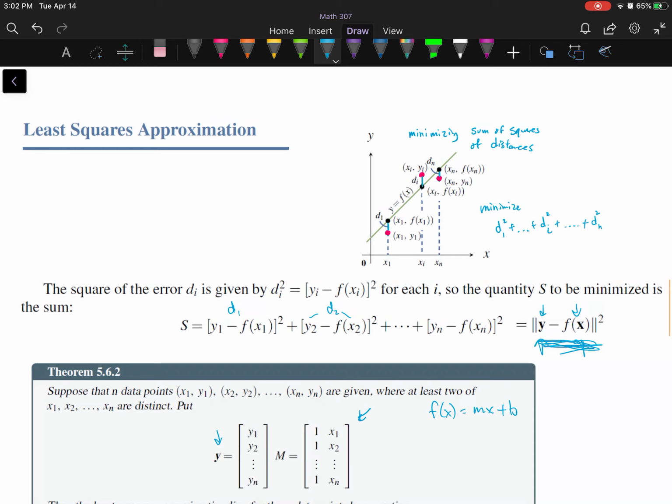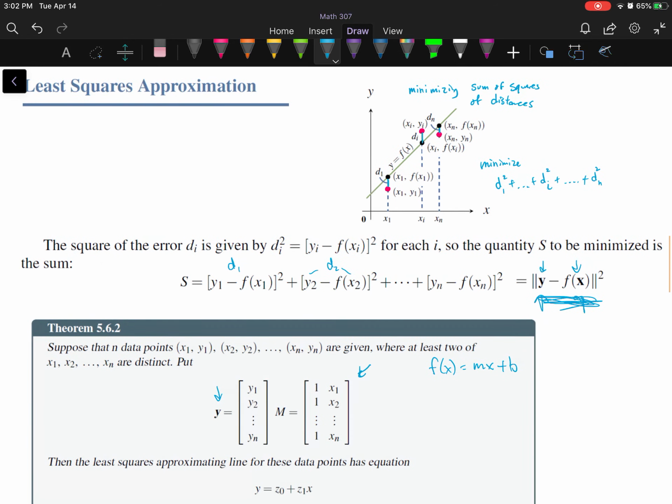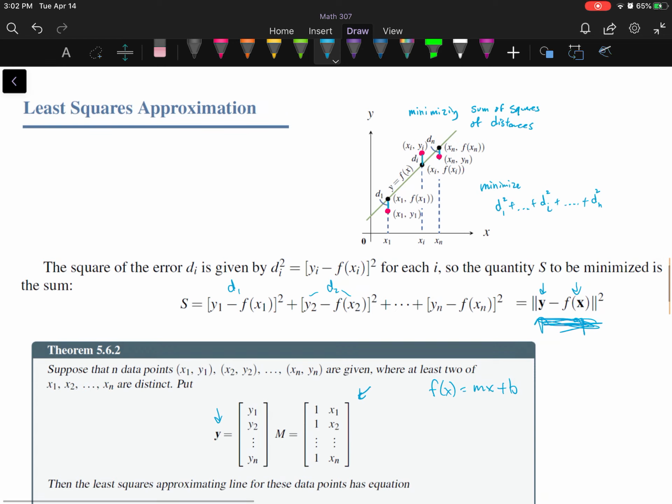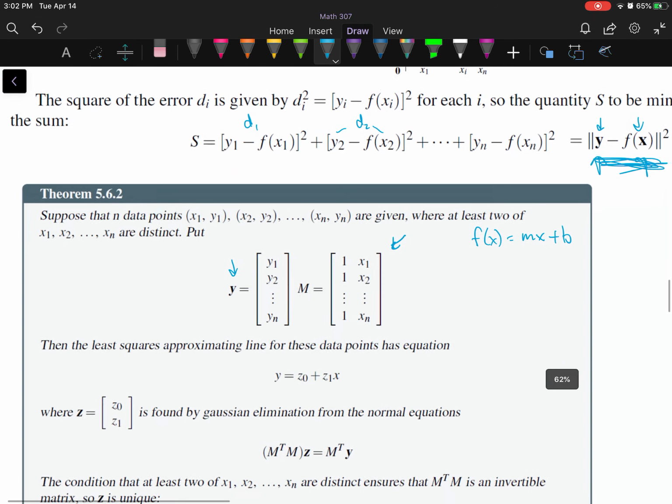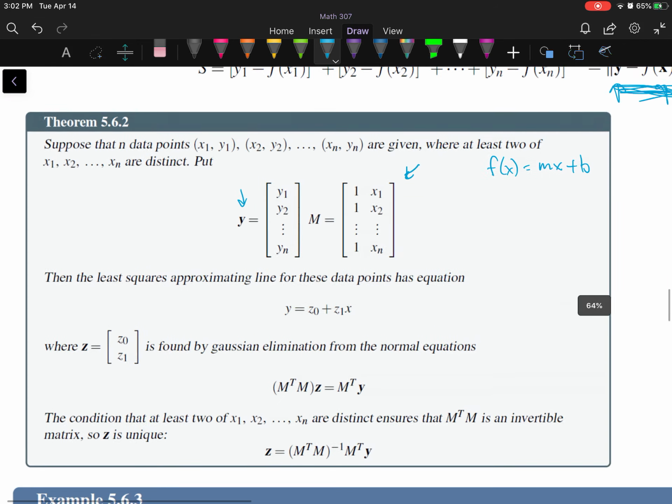But this matrix M is the matrix that you would get when you've got n points given to you on a scatter plot, and you want to fit a line to this data. And so we're minimizing the sum of the squares of the distances because it fits in really nicely with dot products and distances, everything that we've talked about recently.